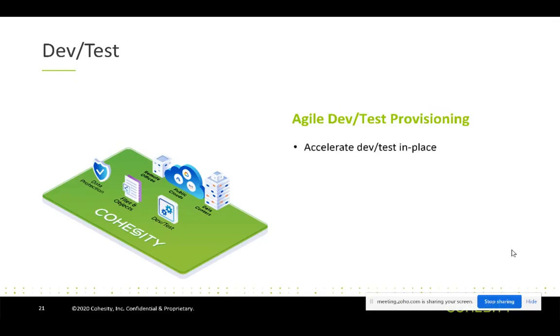Now, suppose that you already finished, you did the backup, you did the file and object storage, you're writing into Cohesity, keep writing there. Now you have requirements to provision a test environment. Suppose that you have a large DB, 5TB, Oracle or SQL, and you want to create a test environment for it.